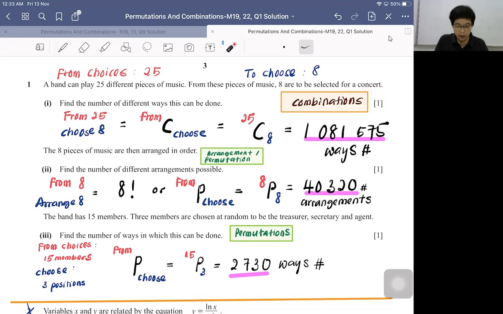Now, as I've noted down here, on the calculator you will notice there is going to be an n, a C and an r. Well, what do the n and the r mean? The n is the number of choices you're going to choose from.